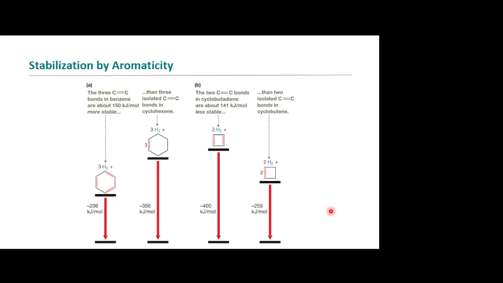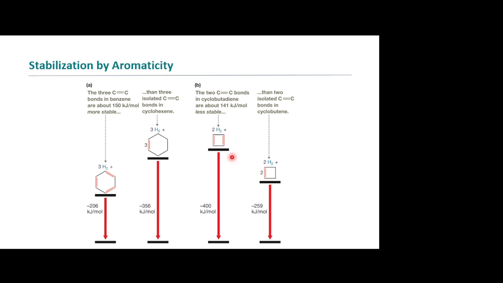This is the stabilization by aromaticity for these different compounds. Right here we see benzene versus 3 rings with a double bond in it, and we see that's significantly more stable. And then we see an anti-aromatic system right here, which is butadiene, and we see that's much less stable than it would be just having 4-membered rings with the double bond. Just in case you're wondering, 4-membered rings are not very stable in the first place, what sort of difference is there?